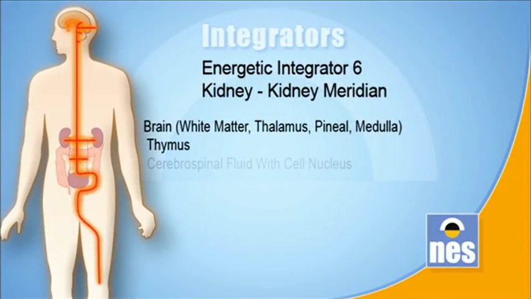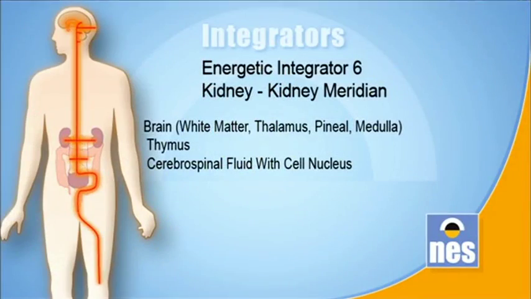Then we've got cerebrospinal fluid again. Here we've added in a great big dash in the diagram with cell nucleus written opposite. The cell nucleus becomes disorganized when there's severe disease like cancer, and sometimes it shows up as Integrator 6. Going further down again, we get to the kidneys.